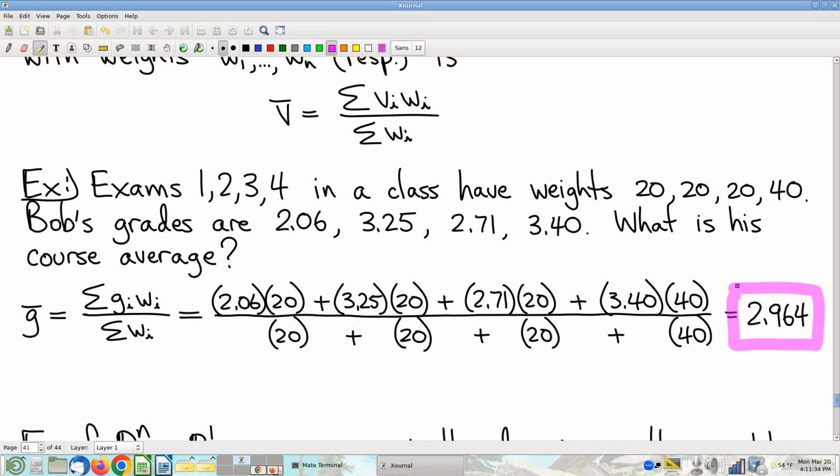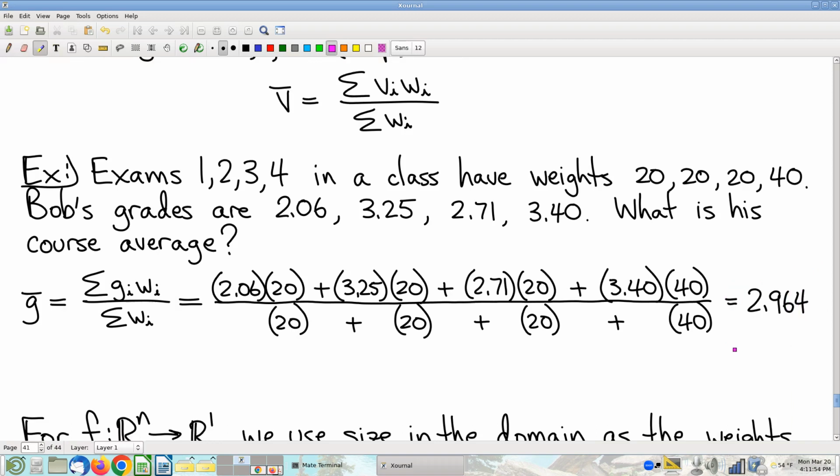The bins are approximately, not exactly, but pretty closely, just which of the standard reference point numbers this is closest to. And of course, this is very close and certainly closest to 3.0, so Bob gets a B in the class. Does that make sense to everybody on the arithmetic?